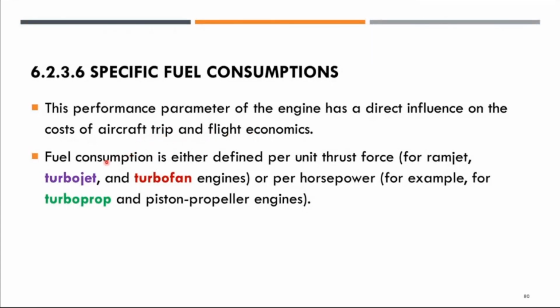Fuel consumption is either defined per unit thrust for ramjet, turbojet and turbofan engine, or per horsepower. For turboprop and piston prop engine, the industry normally uses per horsepower fuel consumption.